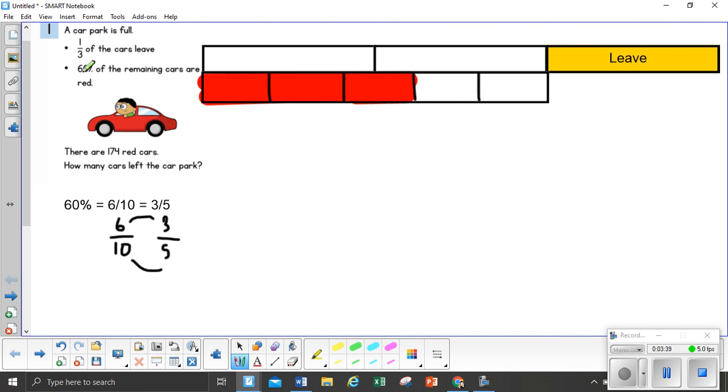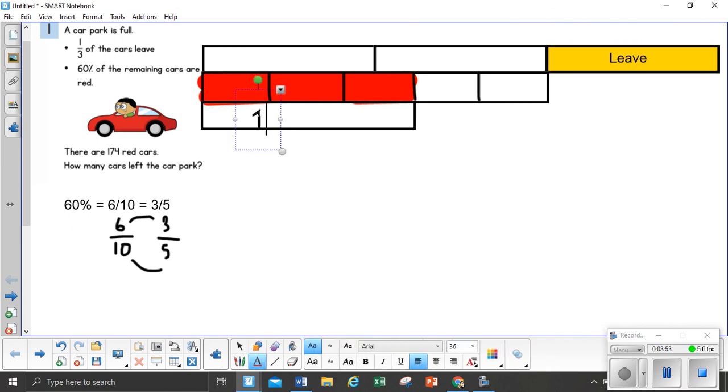Okay, so 60% of the remaining cars are red. There are 174 red cars. This section is worth 174.